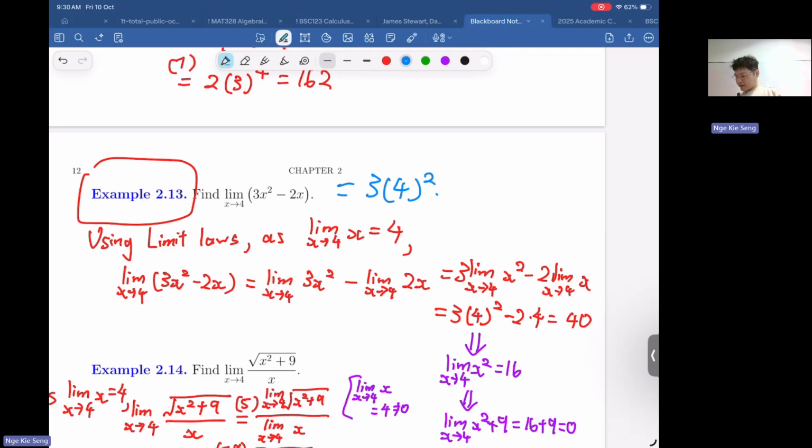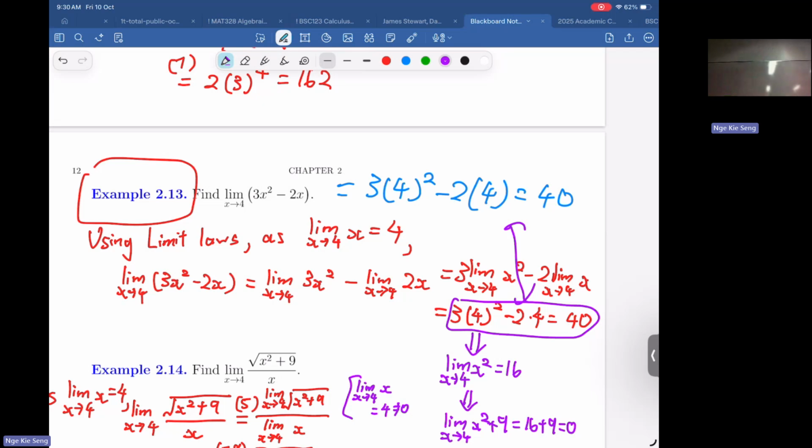So what do you get here? Still 40. You see, this is actually the last step you were doing. So we kind of shorten all this path, because we always know that the limit law will work, and after the limit law works, actually you are doing substitution.